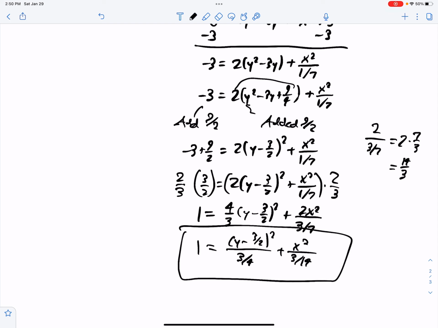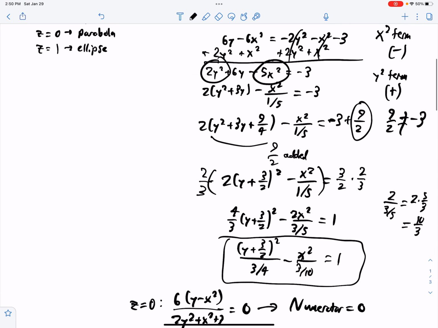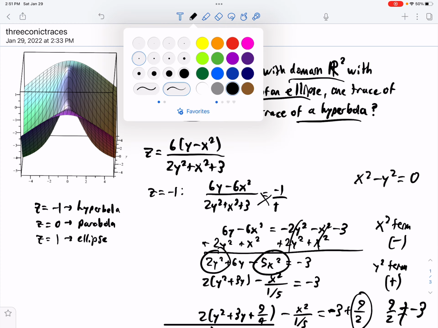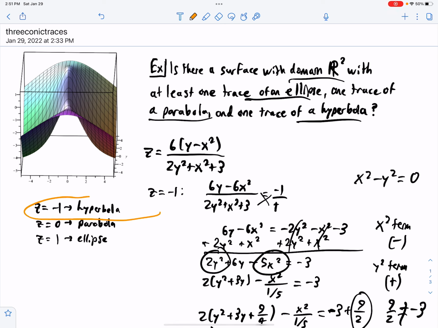And I used the computer algebra system Maple to sketch a graph of this. And the z equals -1 trace, let me use the orange marker here on the z equals -1 for the hyperbola, would go something about like that.